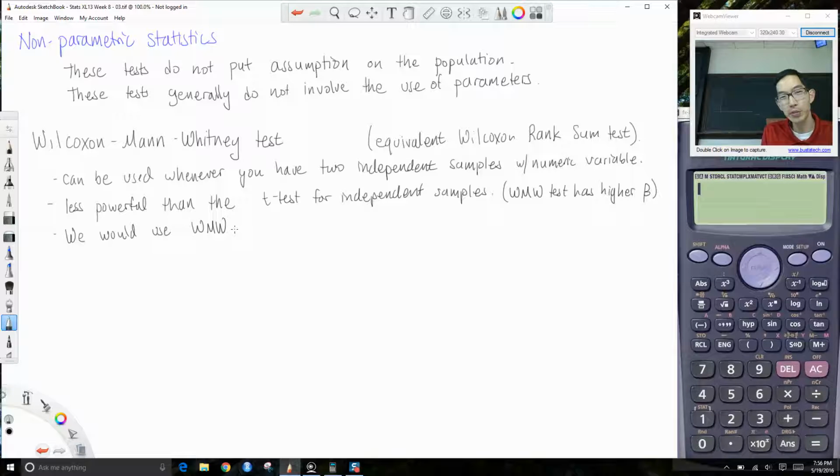Generally, the scenario is you have a small sample size, and then outliers are present in your data, which indicates the population is not normally distributed, okay?